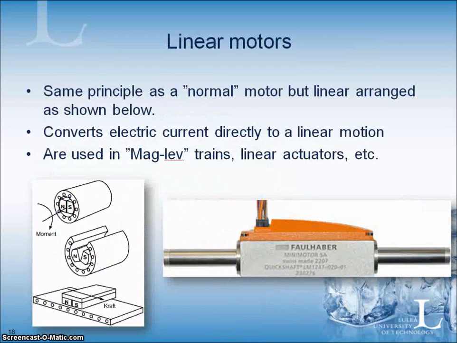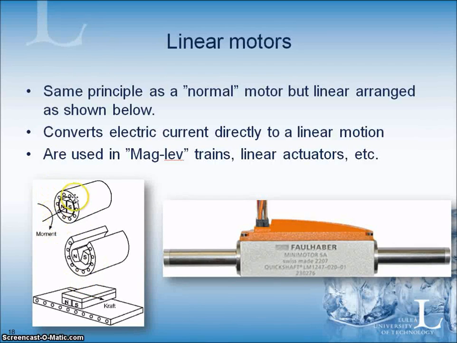And I would like to end this presentation with talking about two special cases. One is linear motors, and it's basically the same principle as a normal motor, but it's linearly arranged as shown here below.